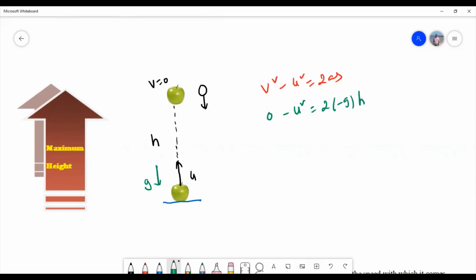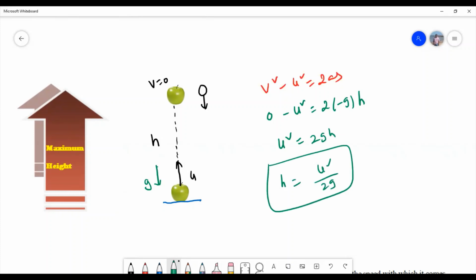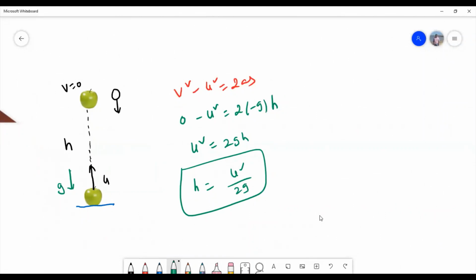So simply I can write u square is 2gh, and h is equal to u square by 2g. Again, as I said for time of ascent, here also the maximum height reached by the body depends upon the velocity with which it is projected, and it is inversely proportional to acceleration due to gravity.